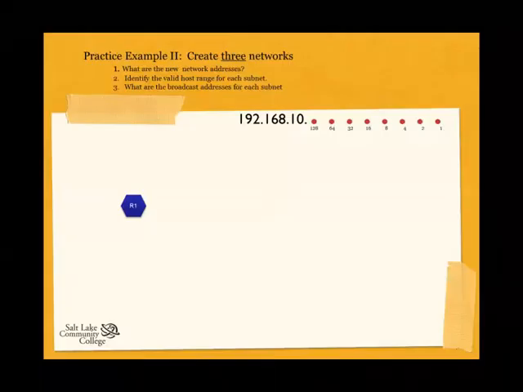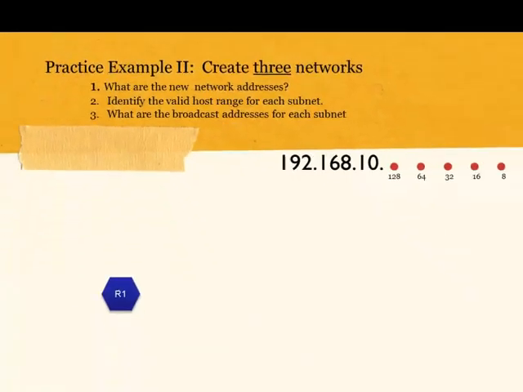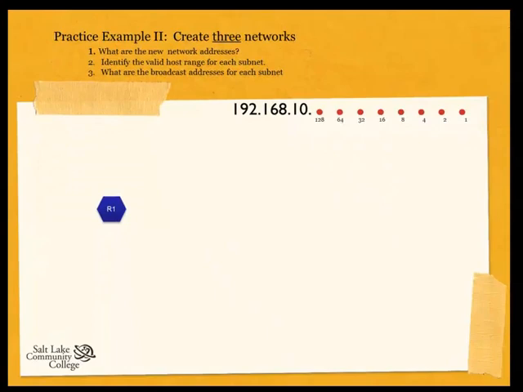Okay, let's move on to example number 2. Now the scenario is that we must create 3 networks. We ask ourselves the same questions. The key, once again, to start it out is to know how many bits you need to get 3 possibilities. Remember, possibilities, networks, they're the same.